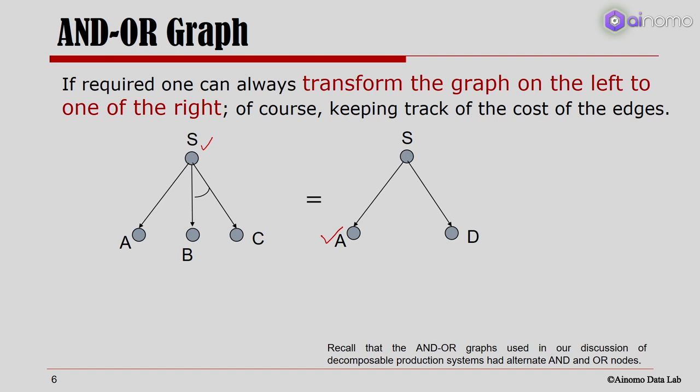For that we introduce an auxiliary node D, and D will be solved if we could solve B and C. So we can transform the graph on the left to the one on the right, but of course we need to keep track of the cost of the edges.